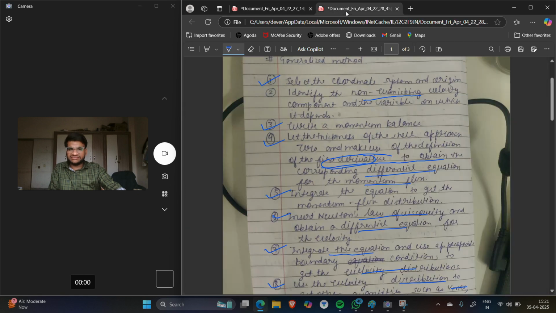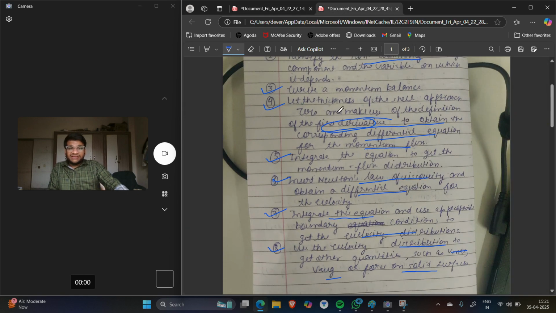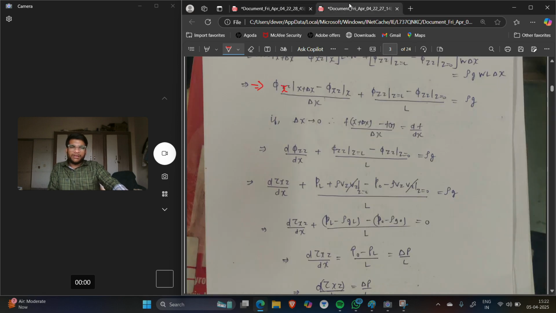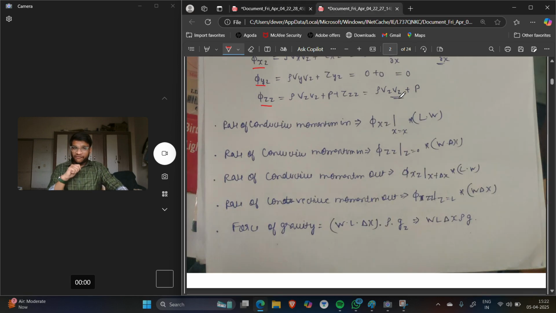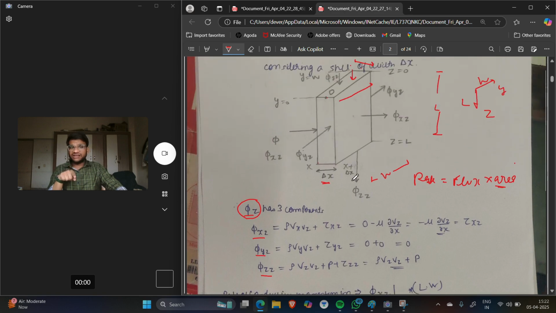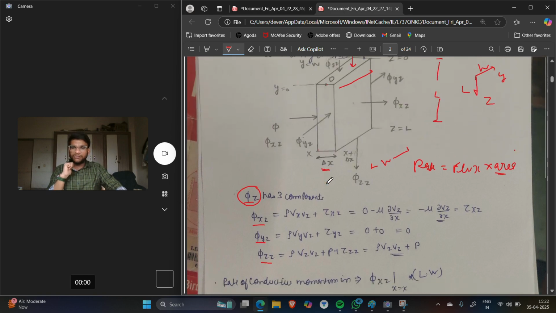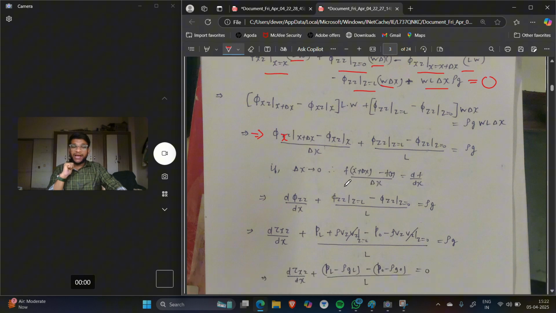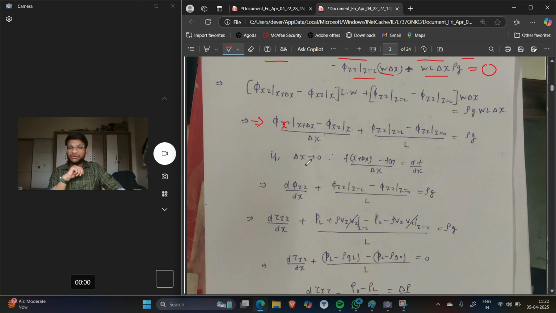Let's see what our next step was. Let the thickness of the shell approach zero and make use of the definition of the first derivative to obtain the corresponding differential equation for the momentum flux. Here, what thickness have I considered for the shell? Delta x. Now they are saying to let the thickness of the shell approach zero and apply the definition of the first derivative.